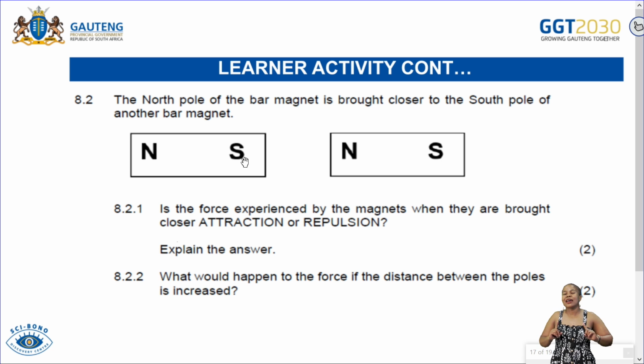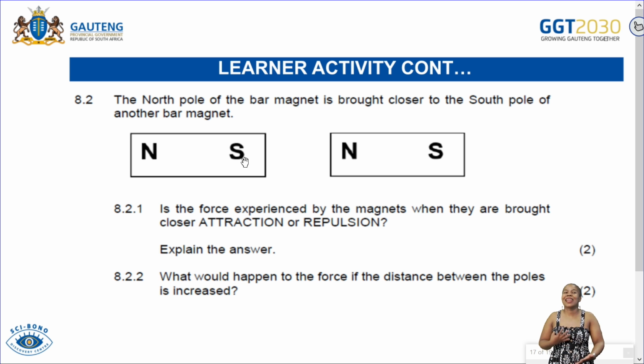You look at the poles that are facing each other or interacting with each other, whether they are like poles or unlike poles. If they are unlike poles, like in this case, because it's south and north, therefore there will be a force of attraction.